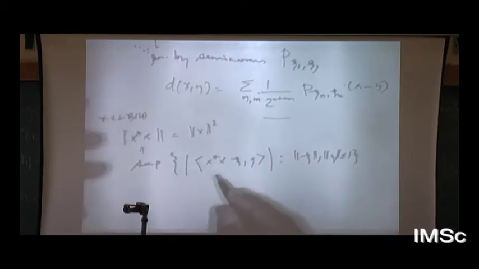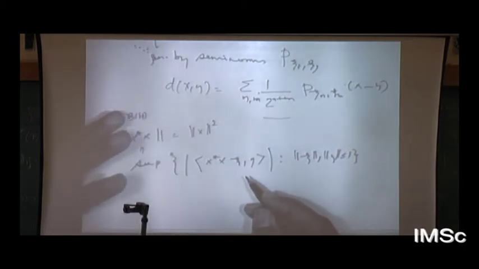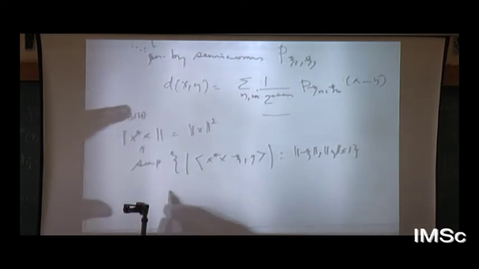Then use the Cauchy-Schwarz inequality, and you will find that this is less than or equal to norm x squared.